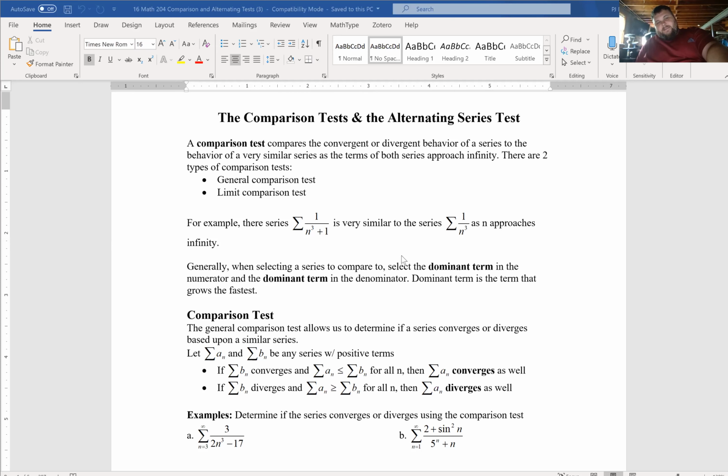So notice it says down here, when selecting a series to compare to, you're going to take the dominant terms in the numerator and the denominator. Dominant meaning it grows faster. So obviously, if we have an exponential versus a linear function, we would take the exponential.